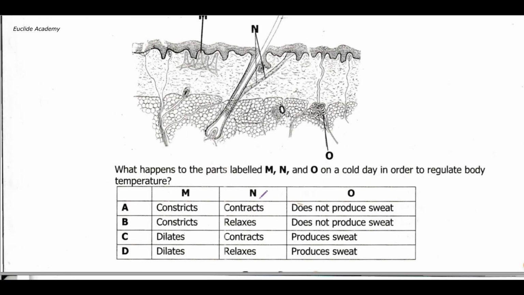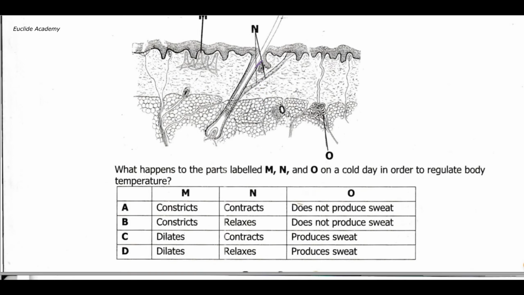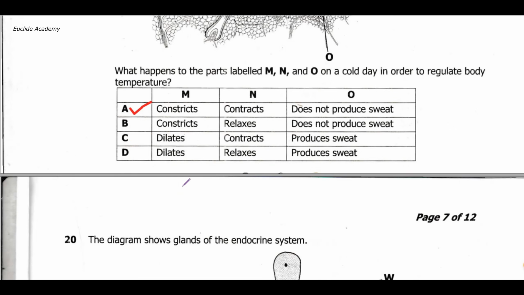M constricts, and then we expect N, the hair erector muscles, to contract so that they erect the hairs. So this will be A.